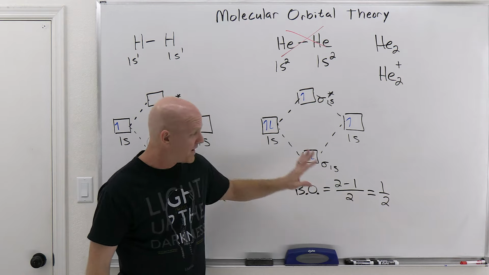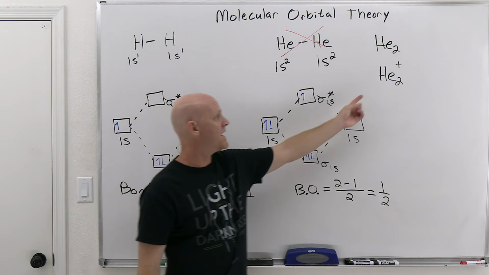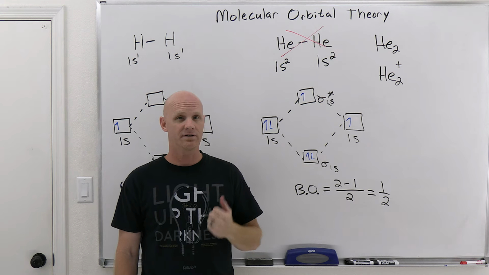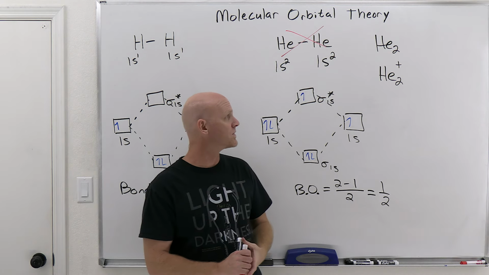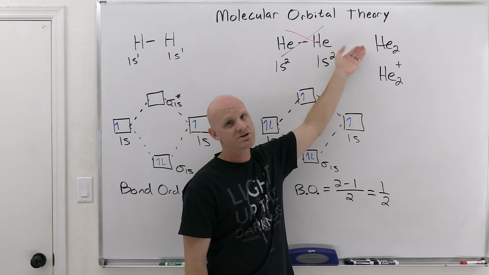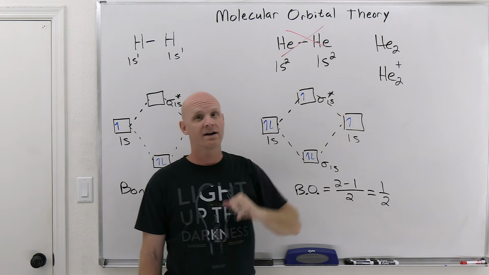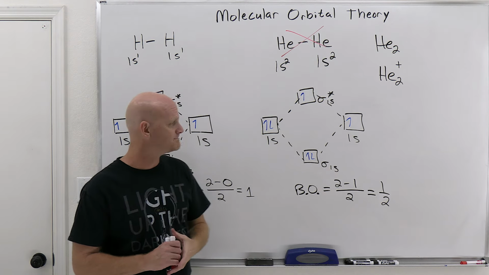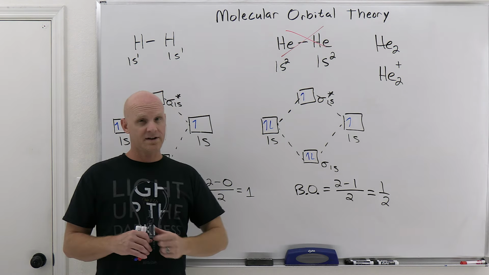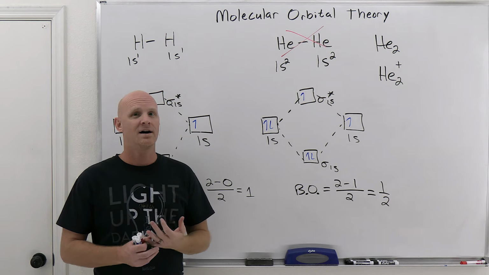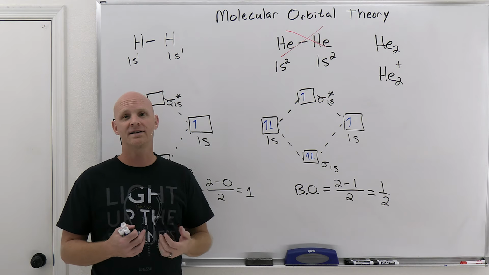But because it's higher than 0, we might consider He2 plus as actually having a chance of existing, of there being some sort of correspondence to reality. So again, diatomic helium itself, not so much, but He2 plus, that might actually exist, again, because we do have a positive bond order associated with it. Cool, this is going to get a little more complicated when we start dealing with the period 2 elements. We're just going to have more molecular orbitals to diagram out.